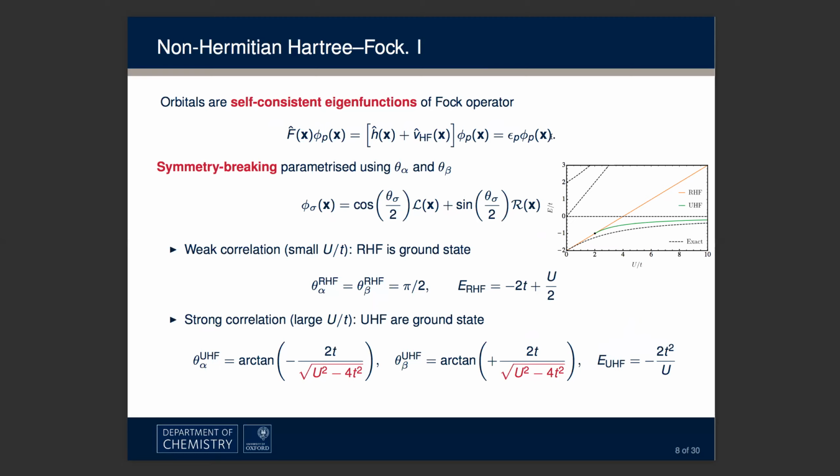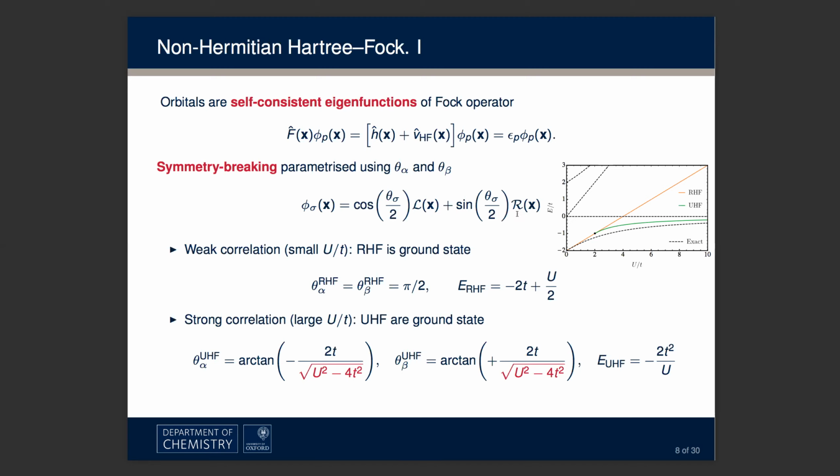If we look at our UHF symmetry breaking point, we can parameterize the orbitals using these rotation angles, which mix in the left side and the right side into our Hartree-Fock orbitals. There's one rotation angle for the alpha orbital and one for the beta orbital.